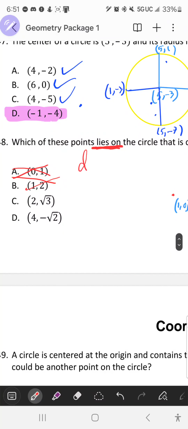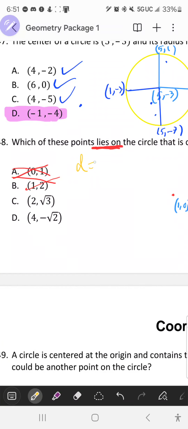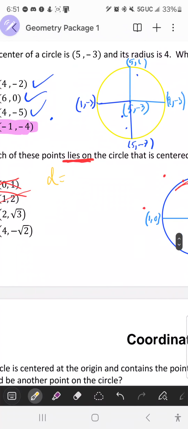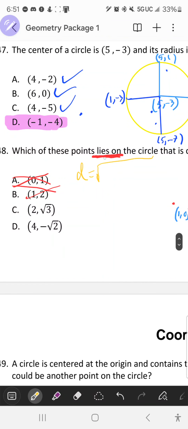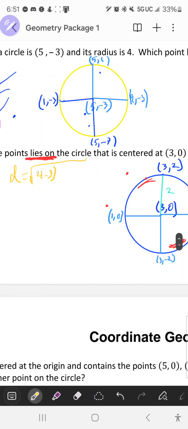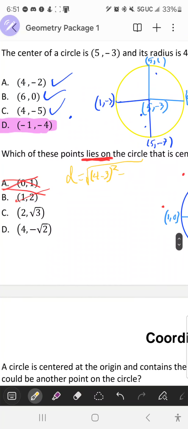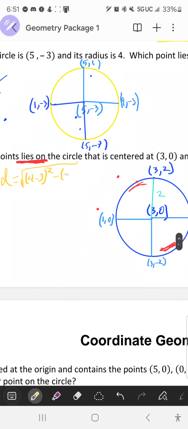So I have the distance formula, in another color in this case. I'm going to first do C and then I'll do D. Square root of 4 minus 3 squared, minus negative square root 2 minus 0, so it's just negative square root 2 squared.